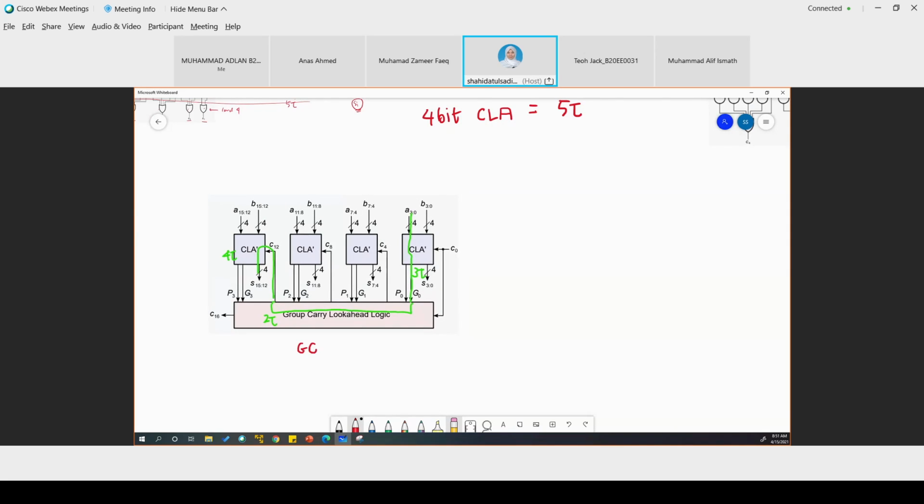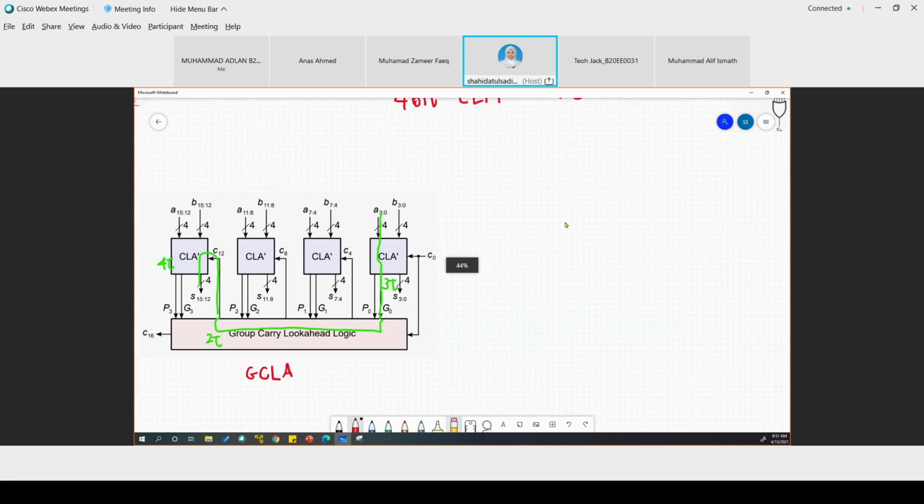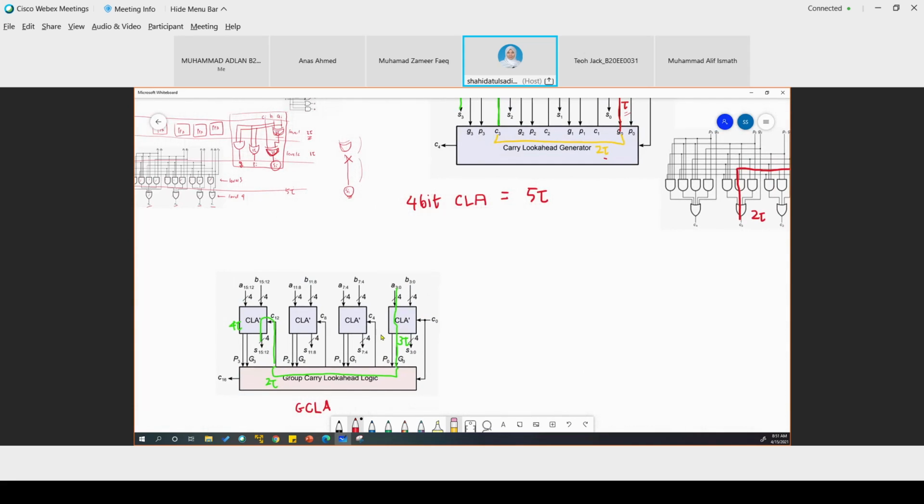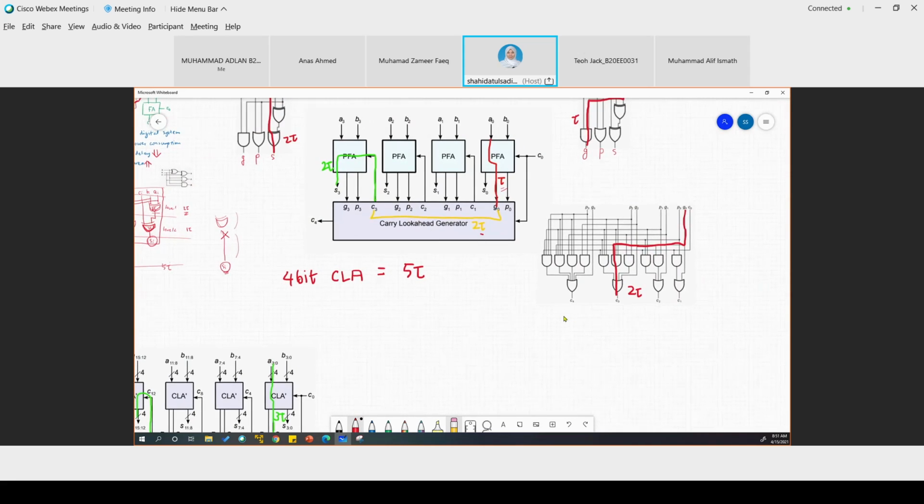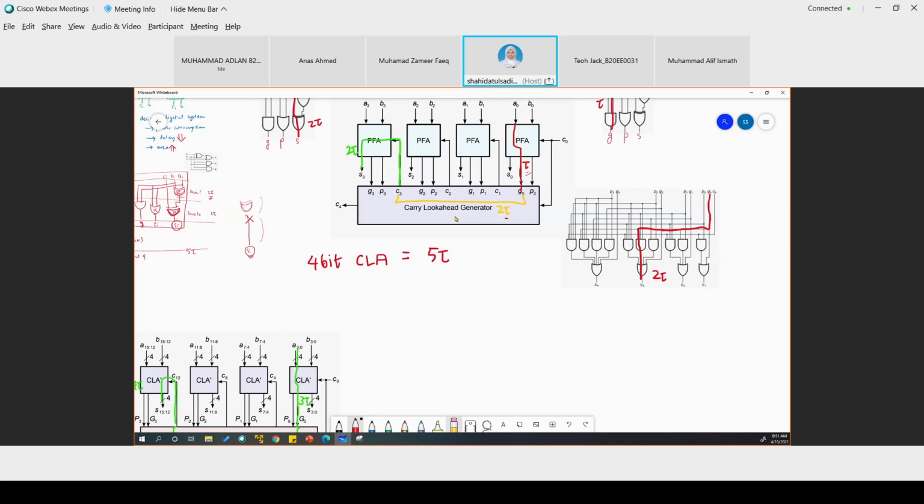Group carry look ahead adder. And inside the CLA prime here, it's actually this circuit.